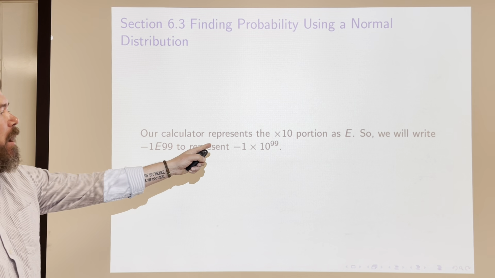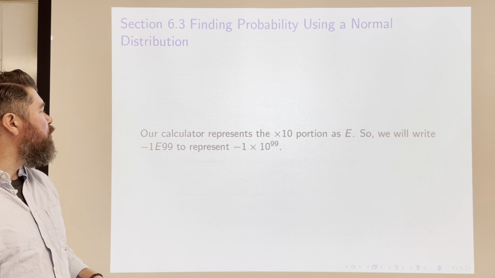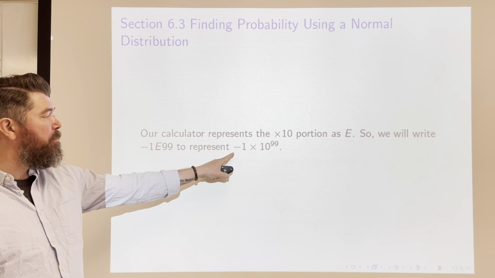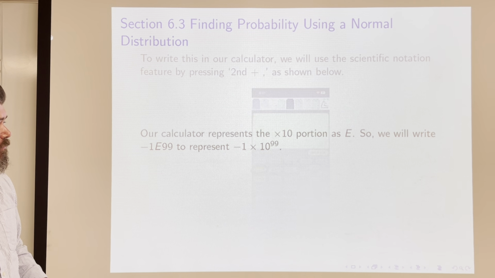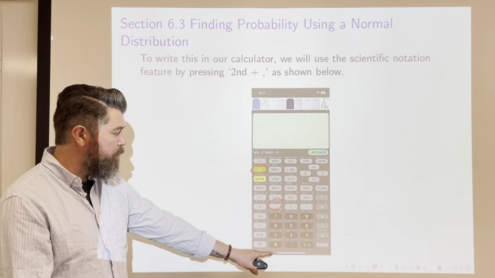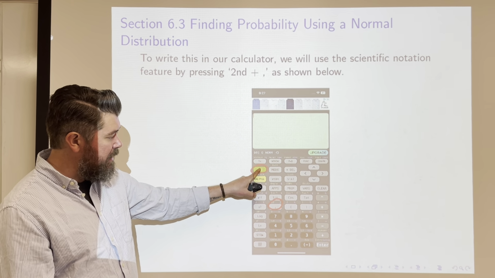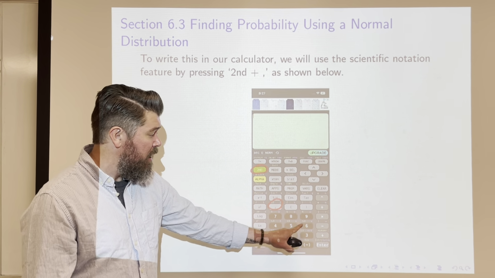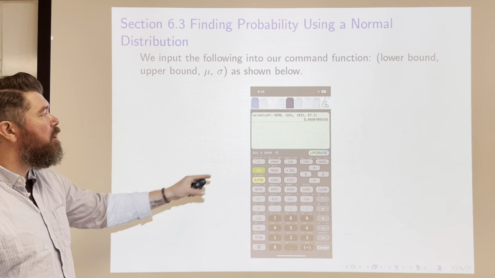Our calculator represents the times 10 portion as E. So we will write -1 E99 to represent -1 times 10 to the 99th. So again, what we do is we click -1, and then we're going to click second, comma. This is going to give our scientific notation, and then we're going to click 99. And it should look as follows.